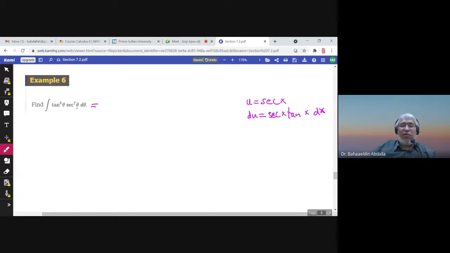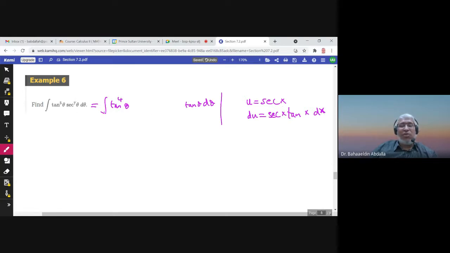First, before changing tan to secant, I'll take one of these tans, so I will have tan^4 theta. One of them, I will write it here, beside d theta, because I need tan x dx. I need also one secant.